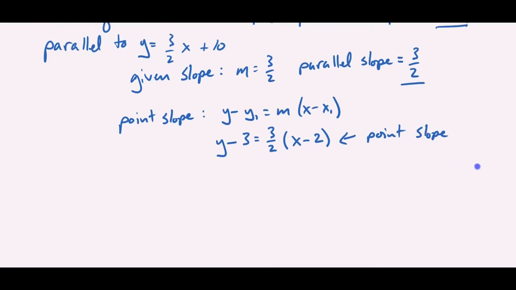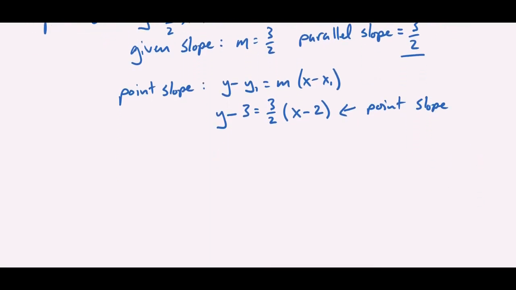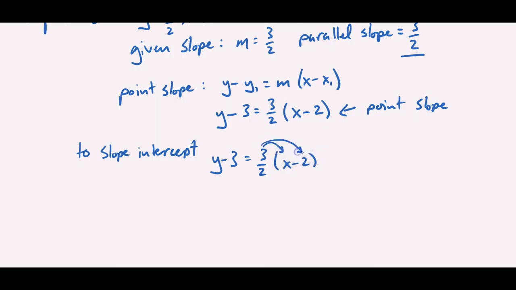Let's go ahead and make some changes on this. Let's go ahead and look at the other forms. If we want to change this to slope-intercept, first thing we'll do is distribute. I don't want to have that parentheses. We've got y minus 3 is equal to 3/2 times x minus 2. I would like this 3/2 to distribute inside the parentheses.